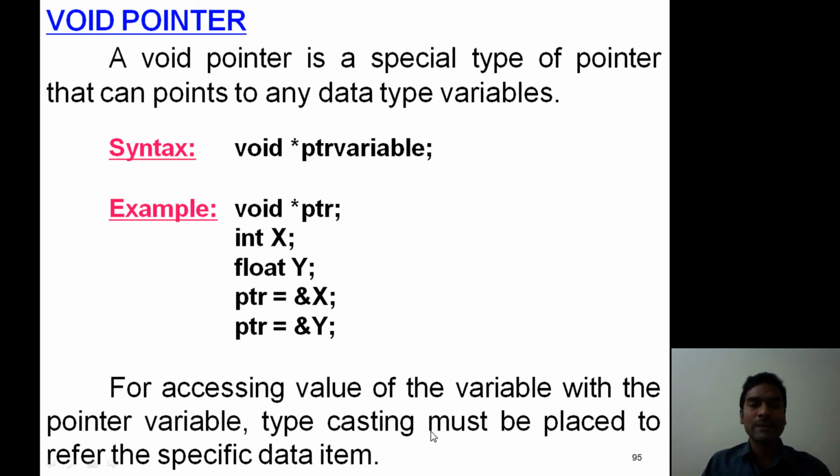Then only accessing is possible. Since at the time of accessing, it is necessary for the user to specify to the compiler what type of values we are accessing. Is it integer values or float values and so on. For this, we must apply typecasting. Okay.